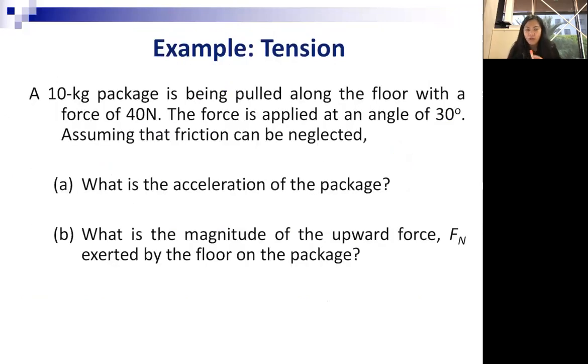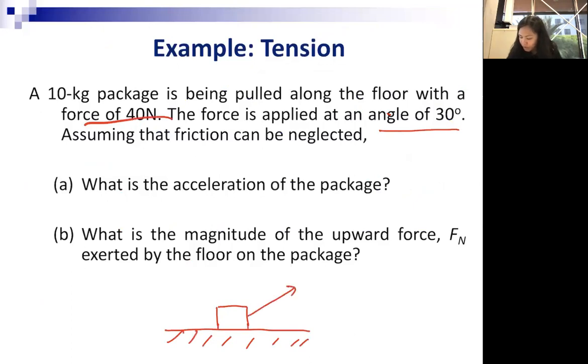Right. So let's go to a little bit more complex example now. You have a 10-kilogram package. It's being pulled along the floor with a force of 40 newtons, but that force is applied at an angle of 30 degrees.